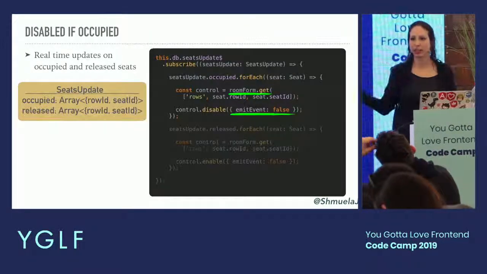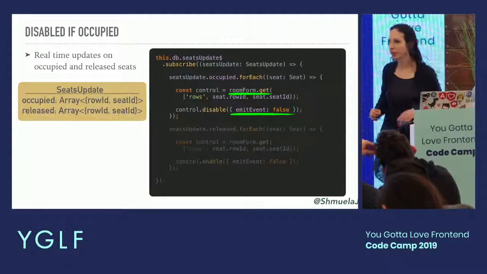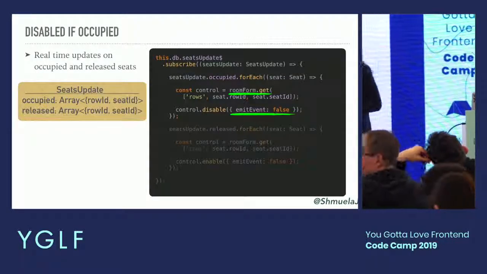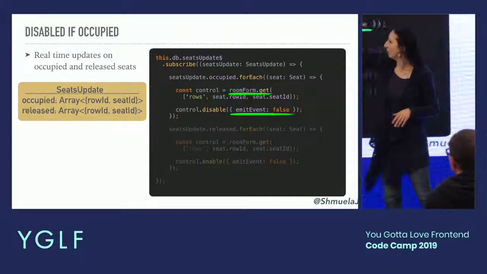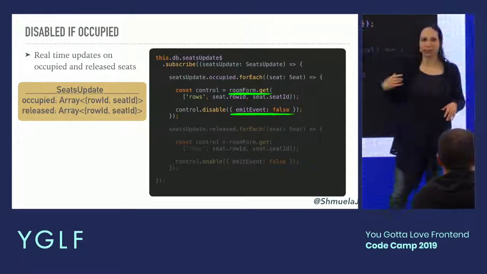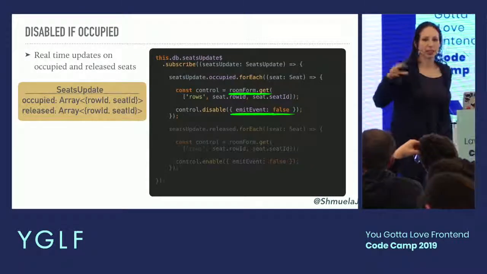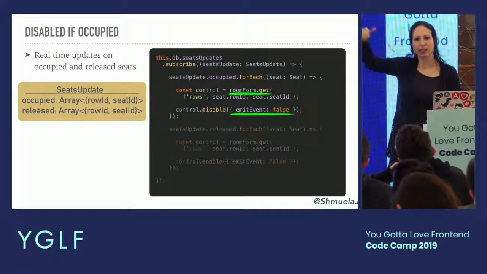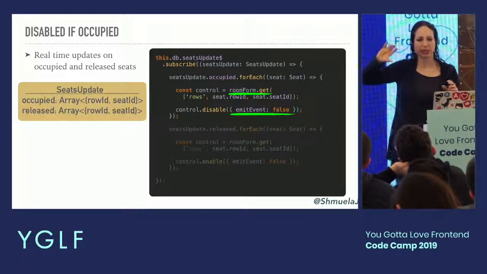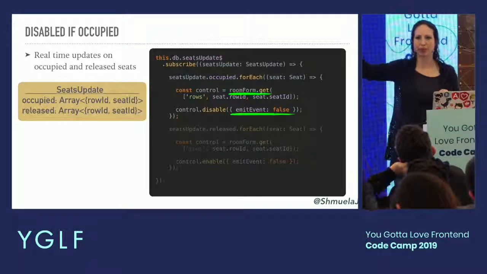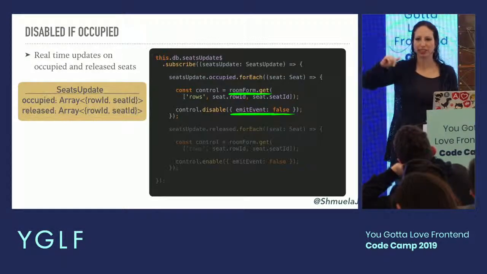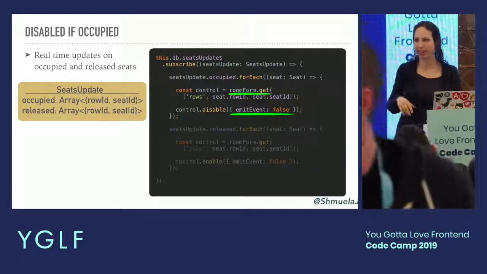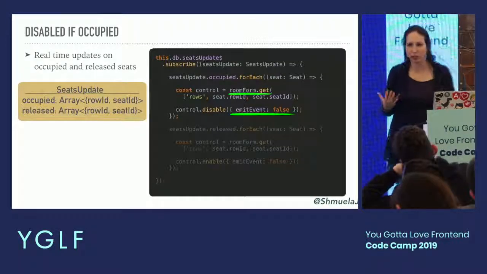Okay, so it has the disable method given to us from Angular. Now I'm choosing to not emit the event, because remember that we're counting the seats that are selected. So if it will emit an event every time that a seat is enabled or disabled, it will mess up our count, and I don't want that.